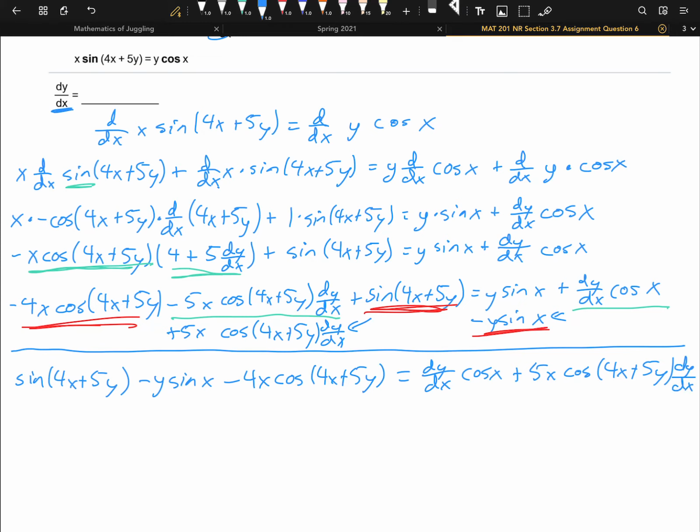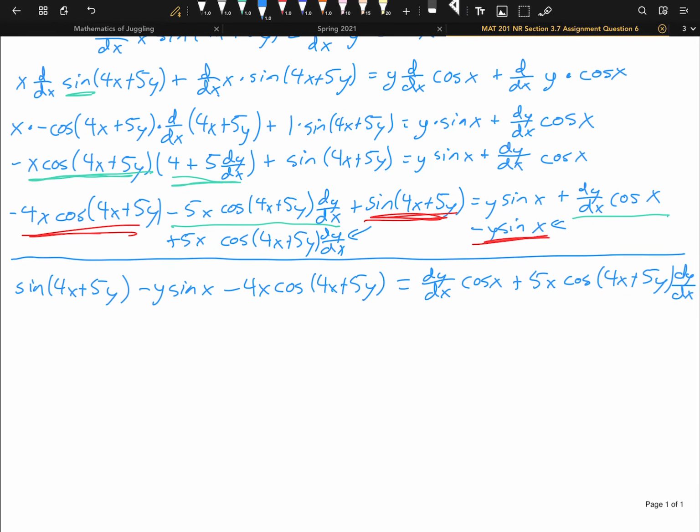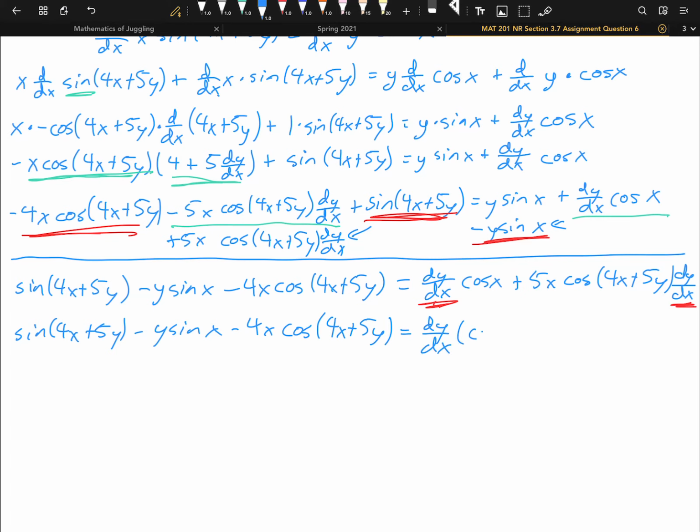Okay, and we're trying to solve for dy/dx. So at this point, we want to factor out our common term here, which is dy/dx. The left-hand side of the equation stays the same. And then on the right-hand side of the equation, we factor out the dy/dx.